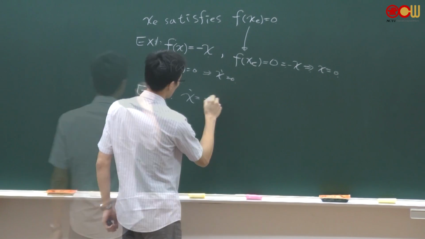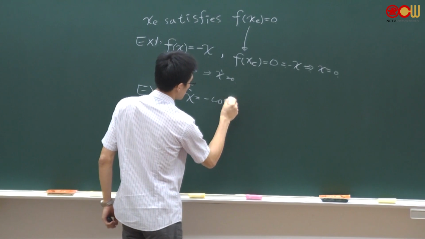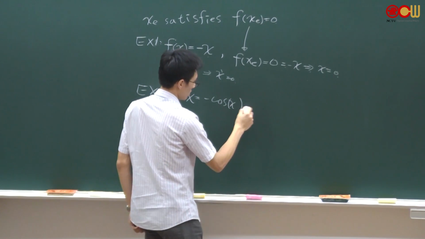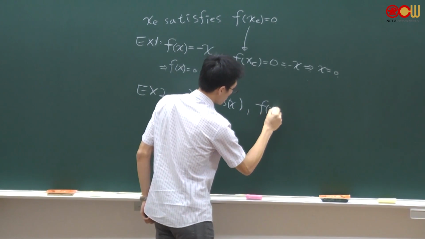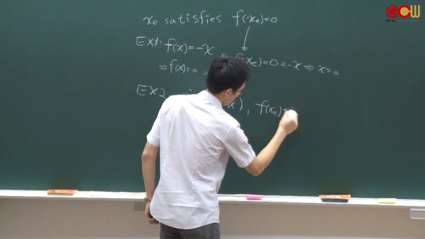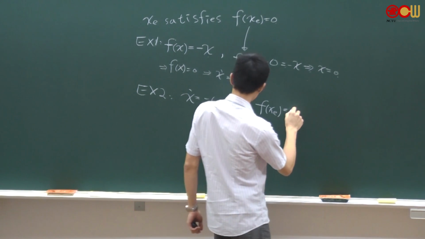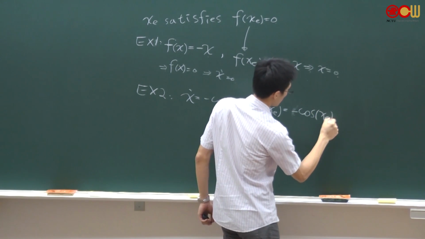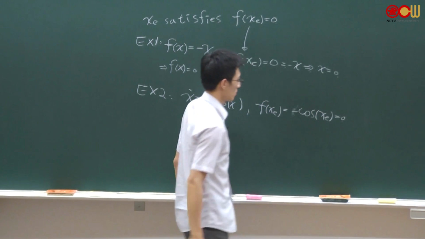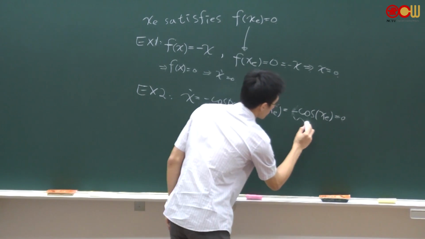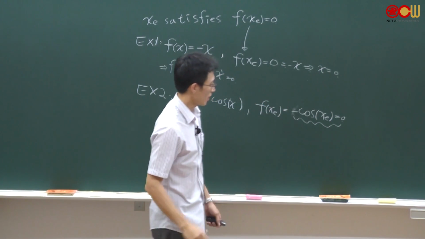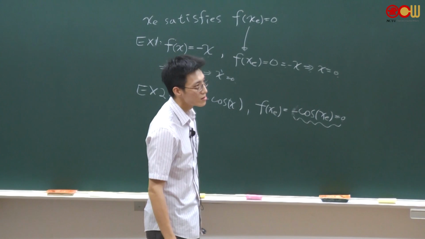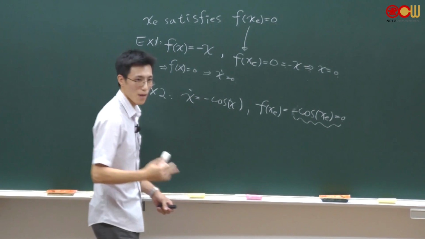Example 2, minus cosine x. The equilibrium point xe will satisfy that minus cosine xe is 0. Given this equation, what is xe? Let me take a step back.